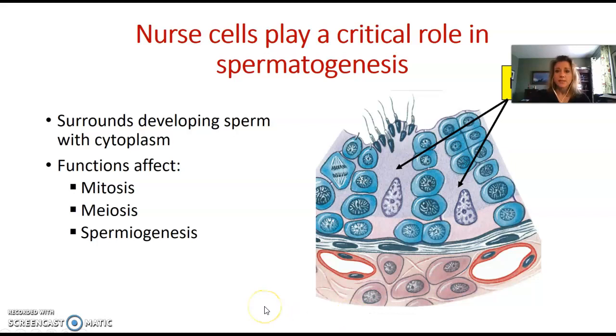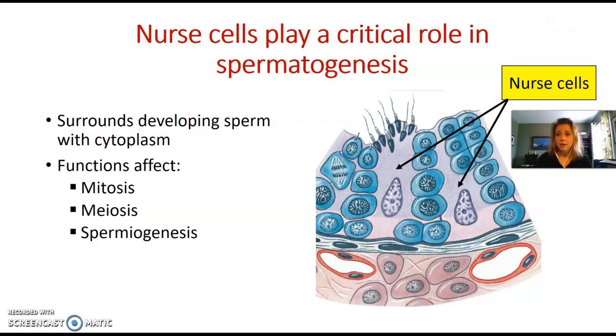It is nurse cells, found in the tissue of the seminiferous tubule, that are going to help the spermatocytes along in their journey. Nurse cells are pretty large cells, and their cytoplasm surrounds the developing sperm.